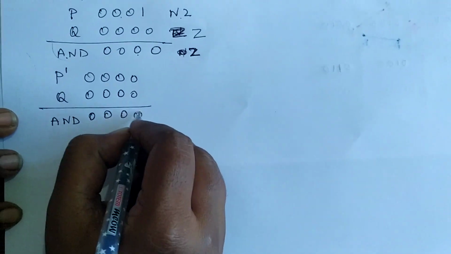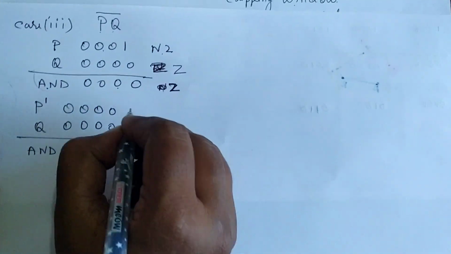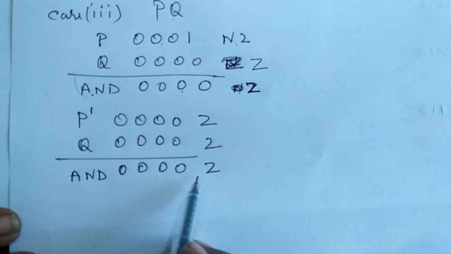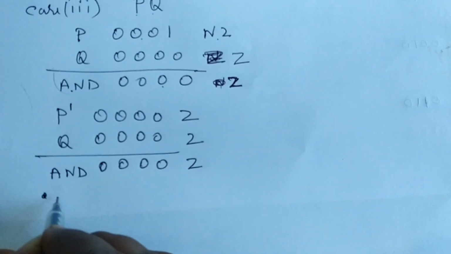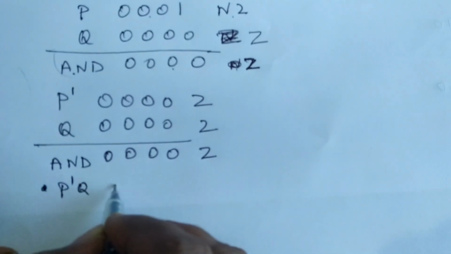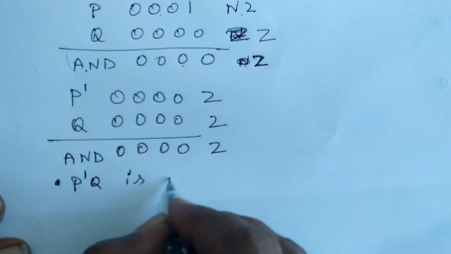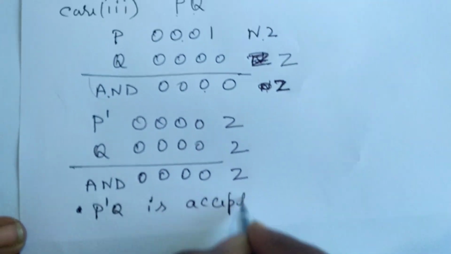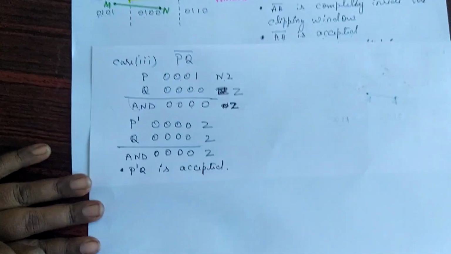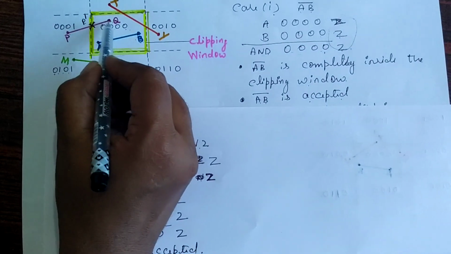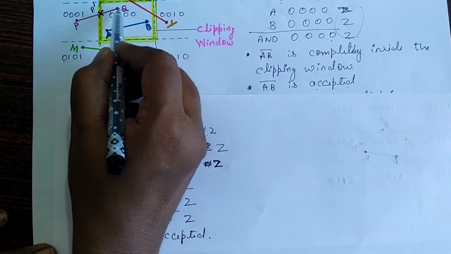So what will be the result? 0, 0, 0, 0. So when all these are 0, as we discussed in case 1, this means that the line segment P dash Q is completely inside the clipping window and it is accepted, right? So the P dash Q line segment is partially accepted from PQ.